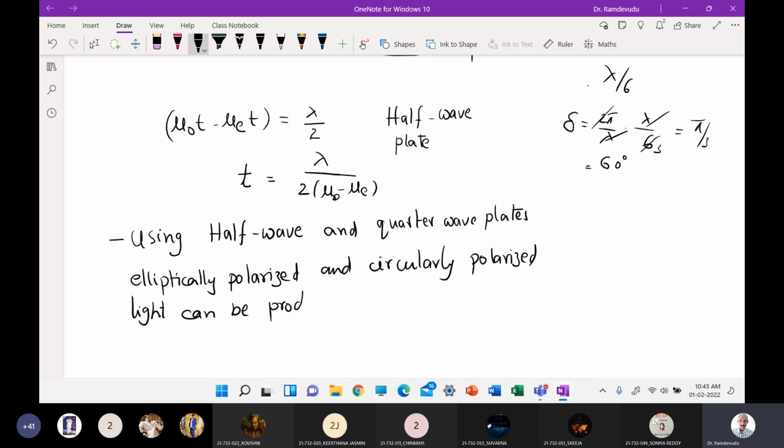This is the application or use of half wave and quarter wave plates.